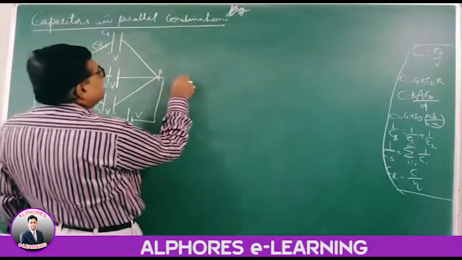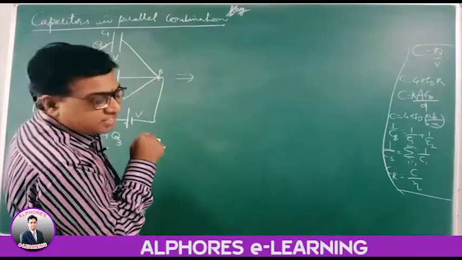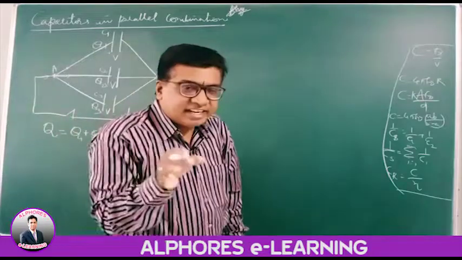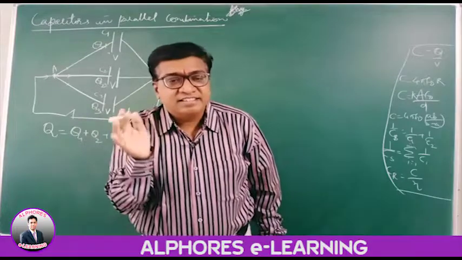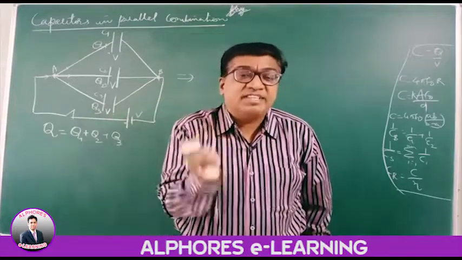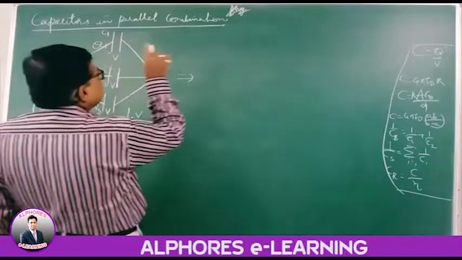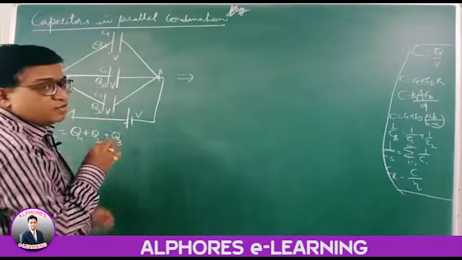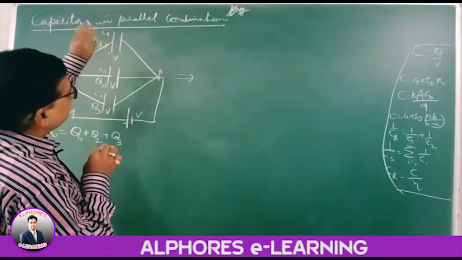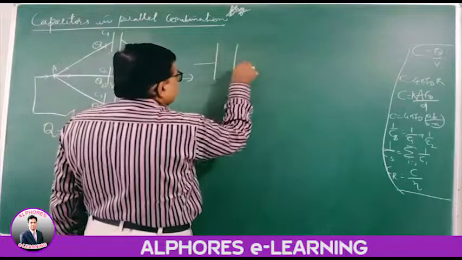Now let these three capacitors be equivalent to one single capacitor. As I was telling you yesterday, the resultant capacity, effective capacity or equivalent capacity of the combination means a single capacitor that is the same as these three in parallel. What effect these three capacitors produce when connected in parallel is the same as that produced by a single capacitor.